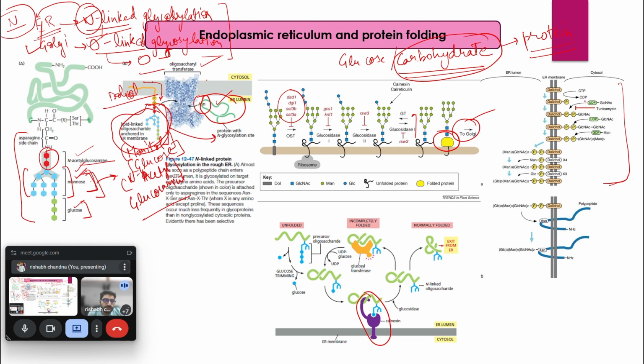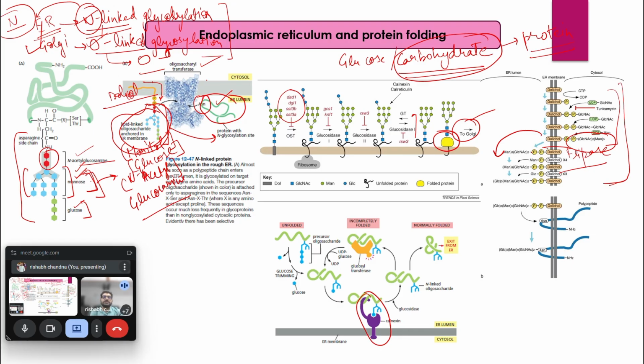First the production starts from the cytosol side, but when this particular mannose is added, it is recognized by an enzyme called flippase. This enzyme flips the outside part to the inside part of the endoplasmic reticulum.